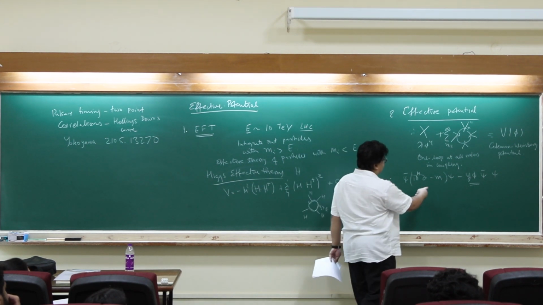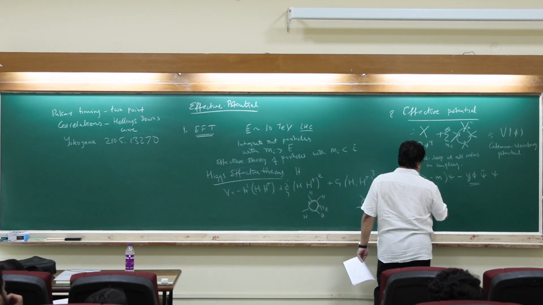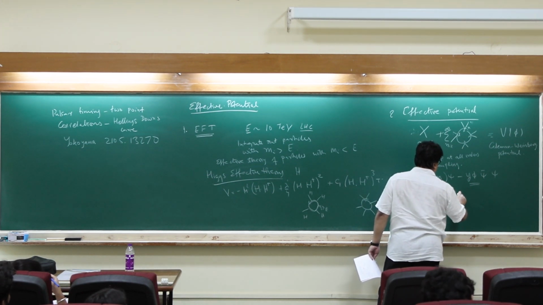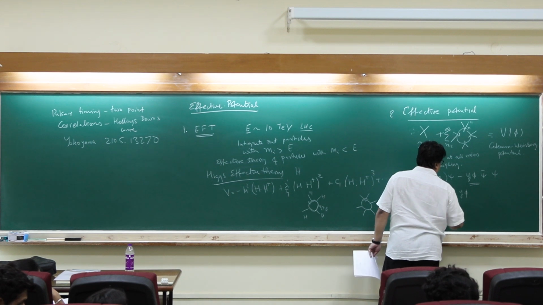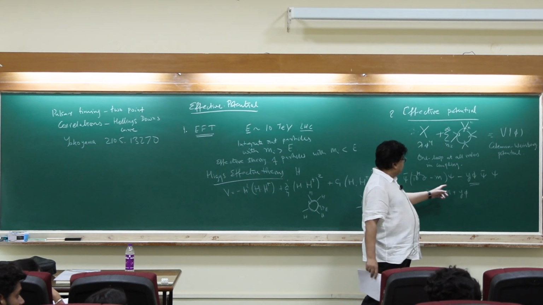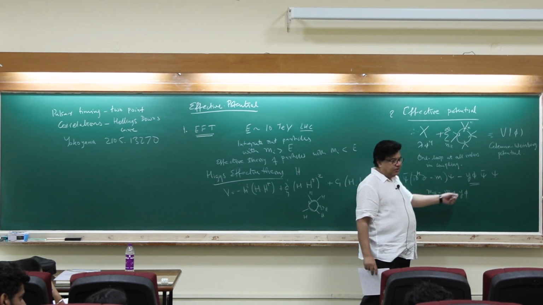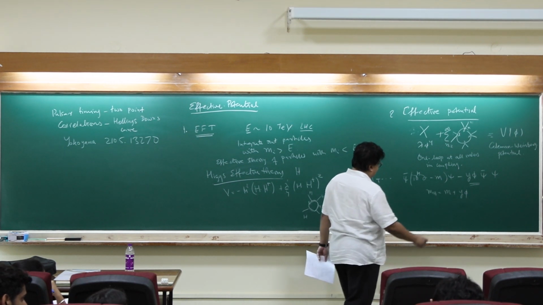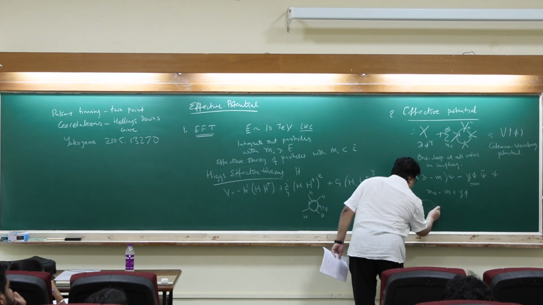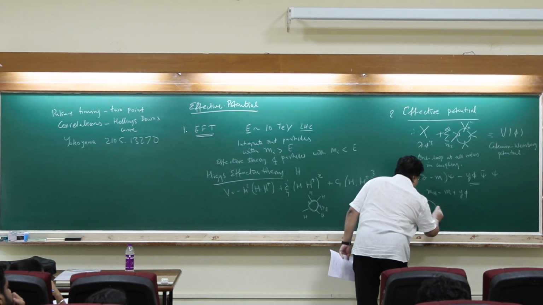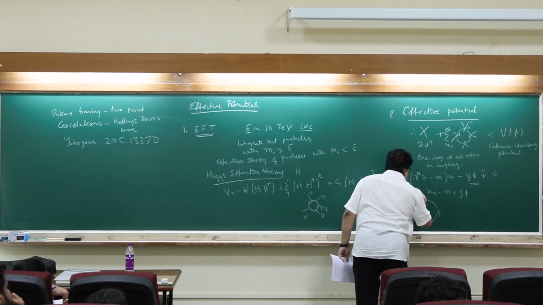So its effective mass would be a field dependent quantity, y times phi. So the mass will depend upon the value of the field. Okay, and now you can imagine a loop of fermion. So this is your F and this is your phi.